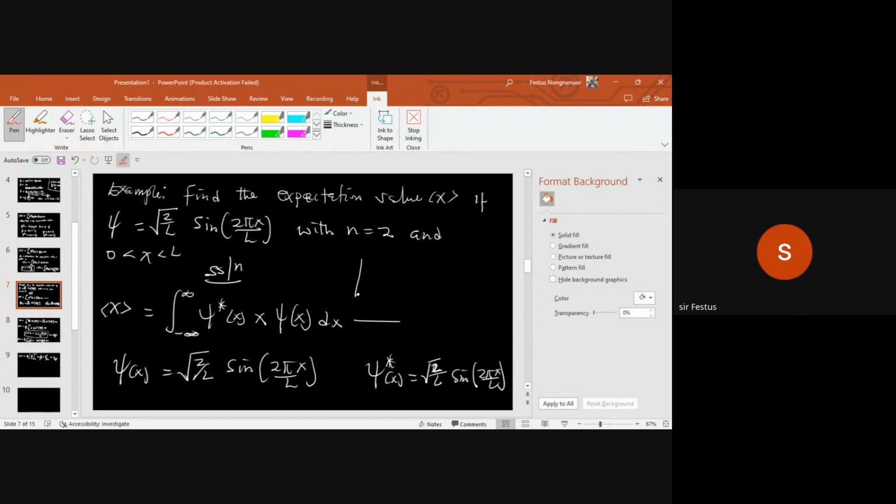So if this is a well, you have 0 to maybe a potential. This is a potential here, so it means that you are being bounded.